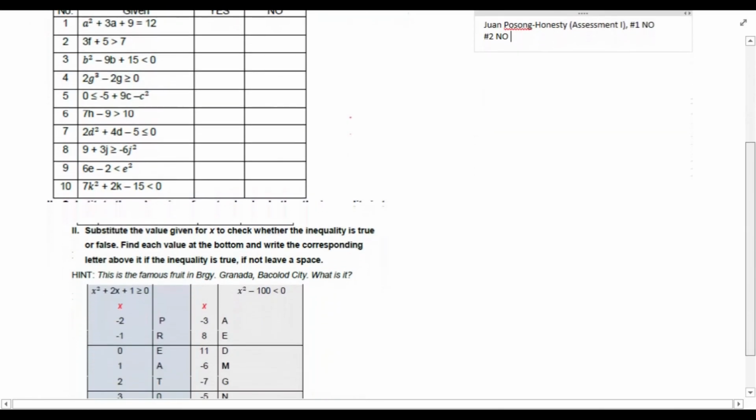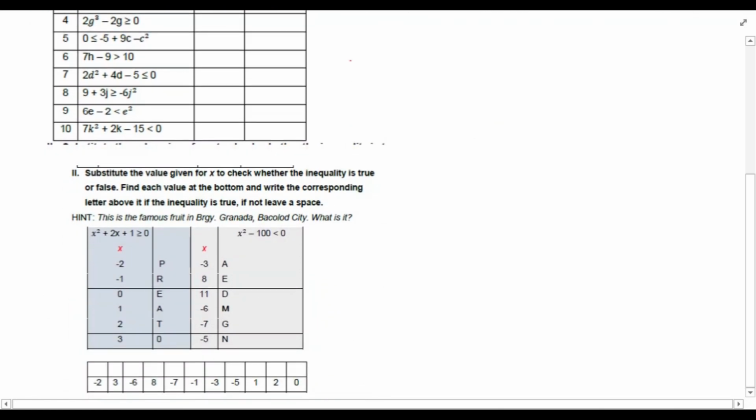And also in number 2, you can post this video and then you write down the hidden word for this test. Substitute the given value for x to check whether the inequality is true or false. Find its value at the bottom and write the corresponding letter above it if the inequality is true. If not, leave a space. So what is the hidden word? Write here the letter that corresponds to the answers.